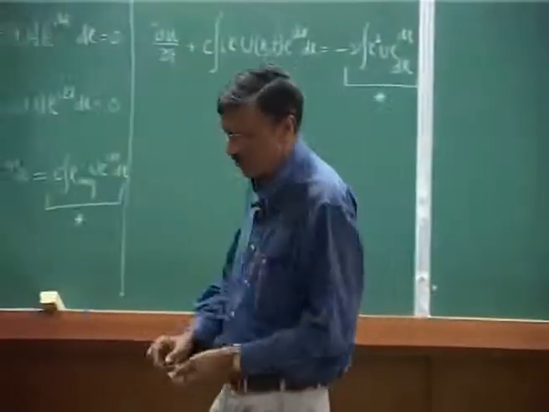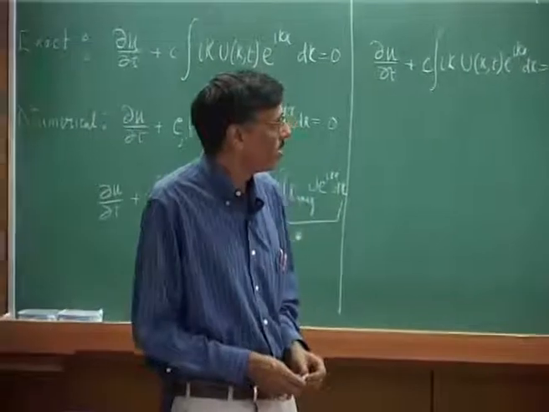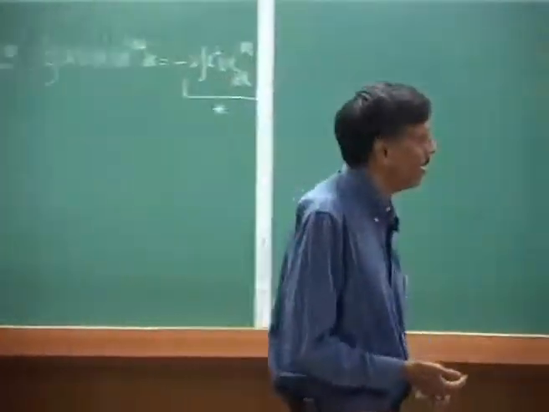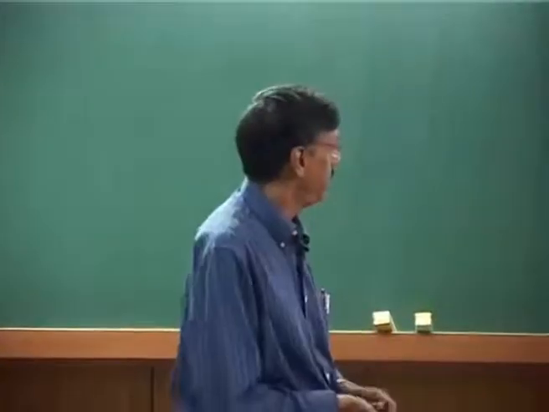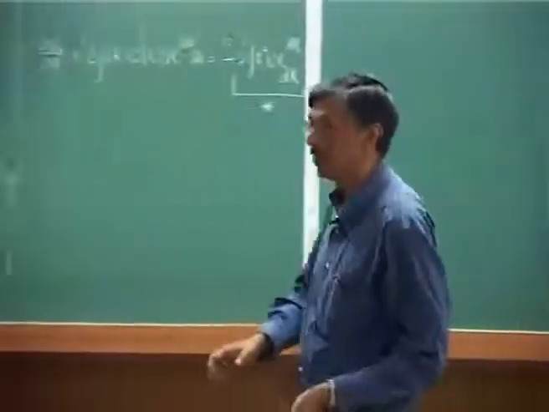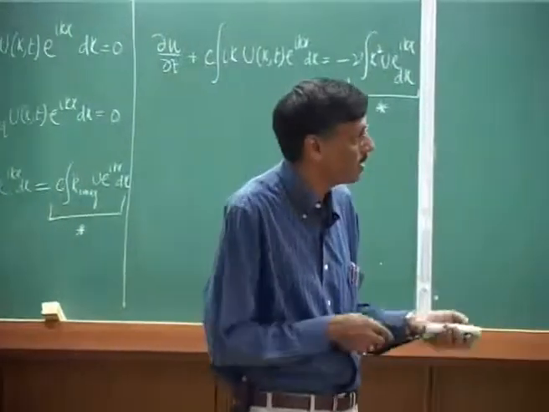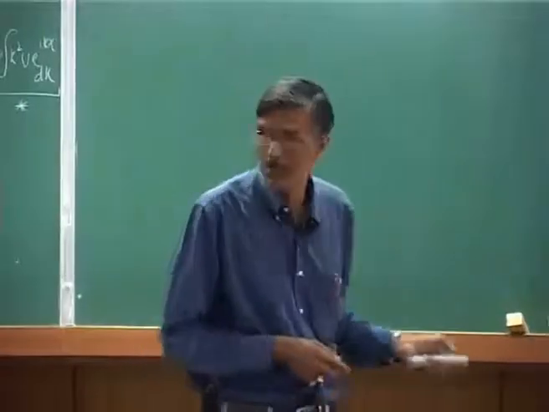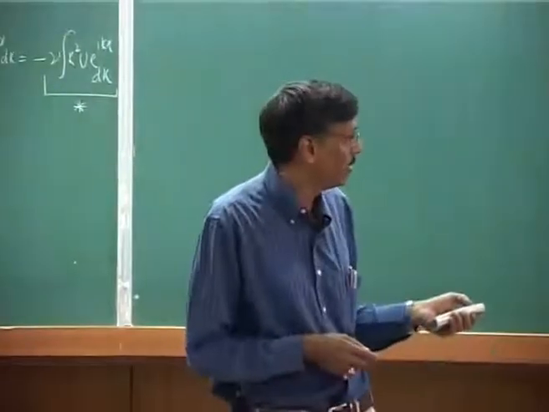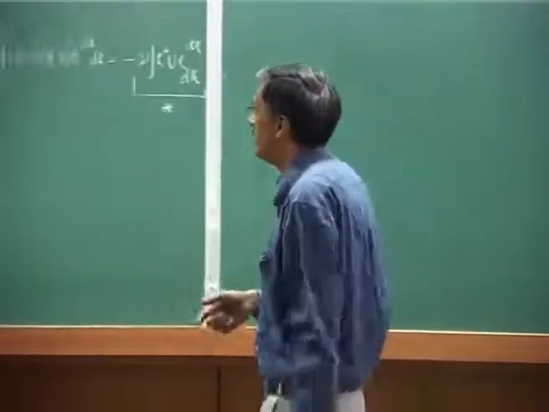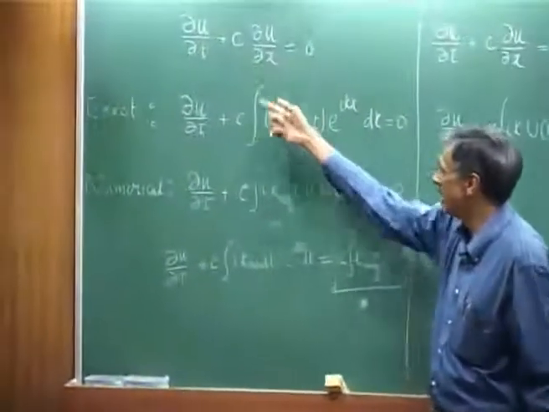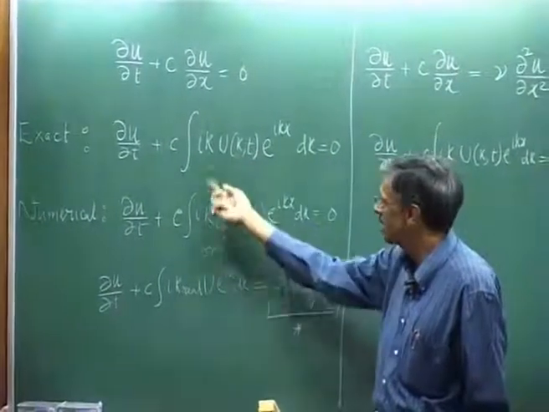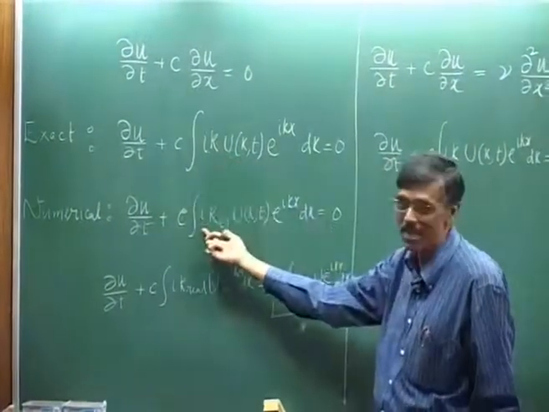I think we were discussing yesterday the role of the imaginary part of this K equivalent that we have here in equation 22. While calculating the spatial derivative in an exact form, you multiply by i k, and numerically this i k is represented by i k equivalent.